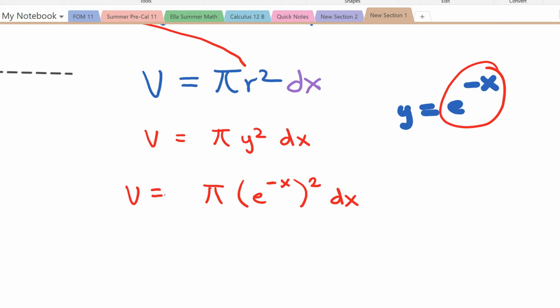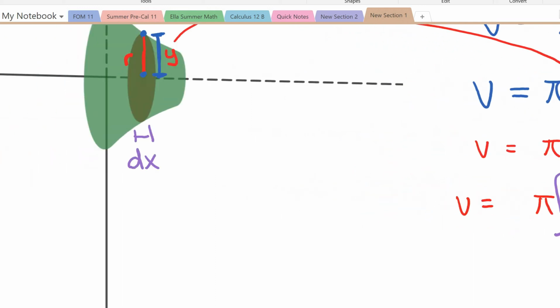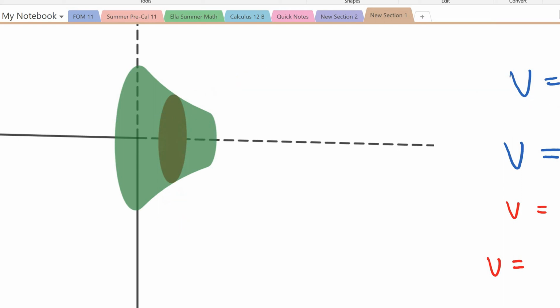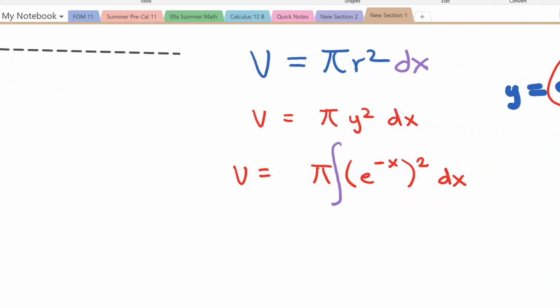Now that's the volume expression for one particular disk. If I want to find the volume of the entire object, I need to integrate this. So where do I integrate this from? Well, we just read the original problem. This is going to be from 0 all the way to 1.